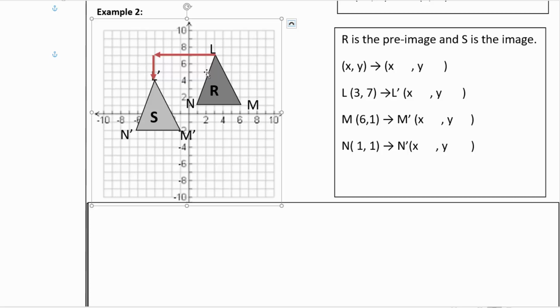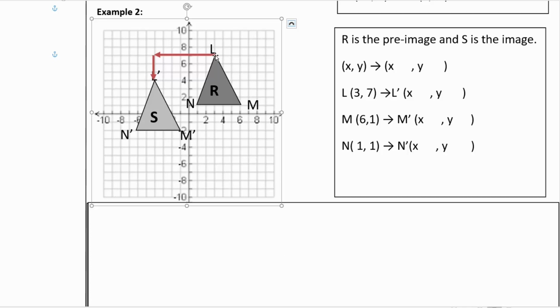If you said that the original pre-image R moved left and moved down to create the image S, I would agree with you. So now we need to fill in our coordinate notation. How far left did it move, and how many places down? So let's count it.